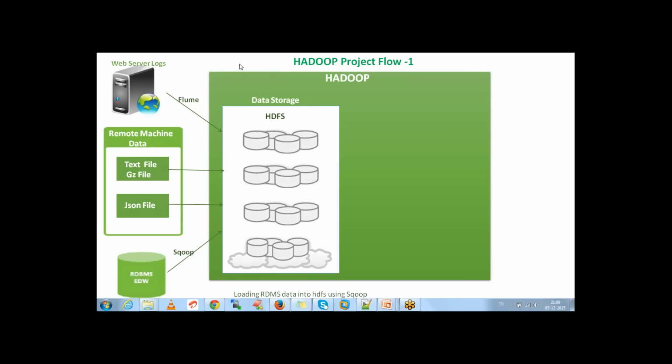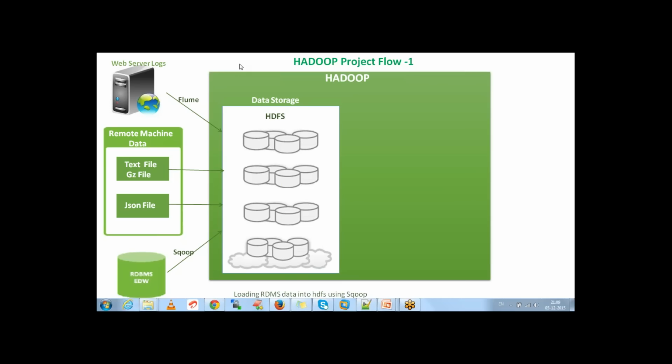Either we get data from web servers, or from social media REST APIs. That is also continuous data. If you take Twitter, it continuously gives tweets if you connect it to the application. So either we get continuous data, or we load remote files, or the data comes from RDBMS or EDW.